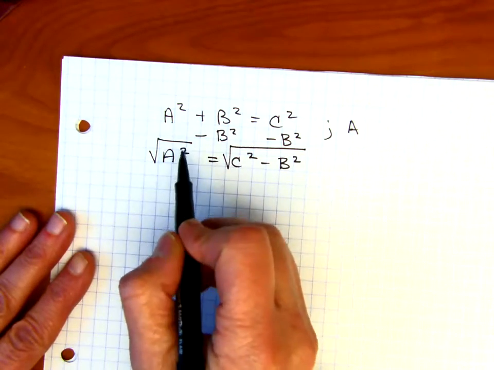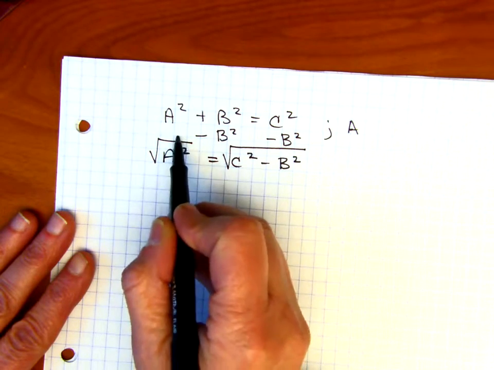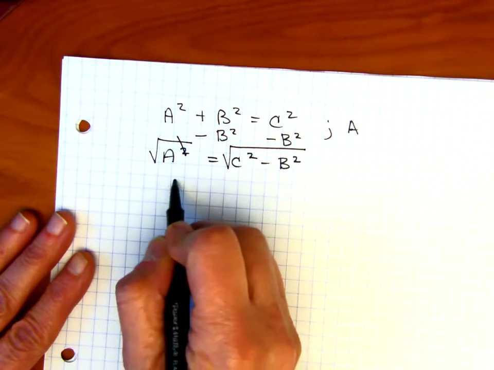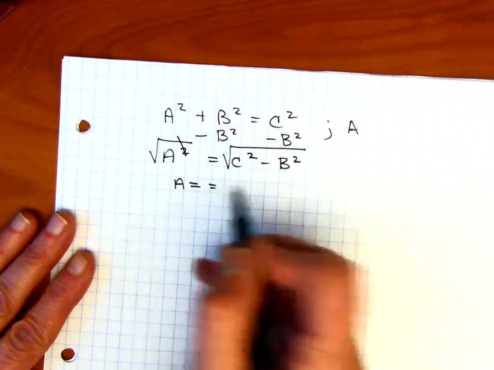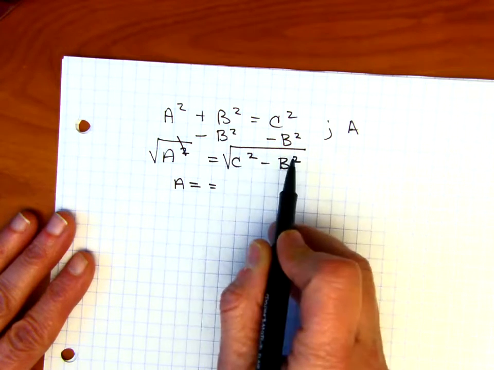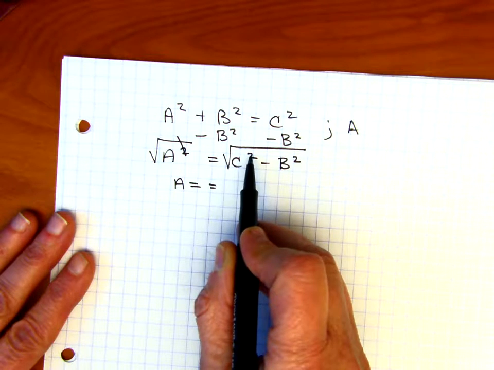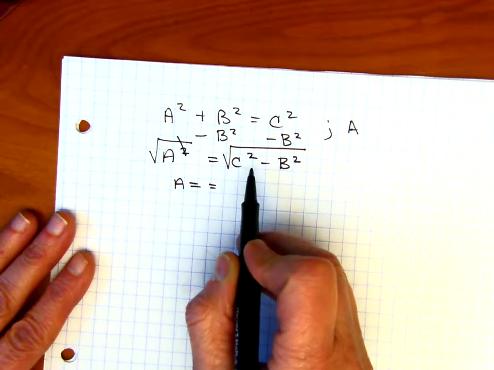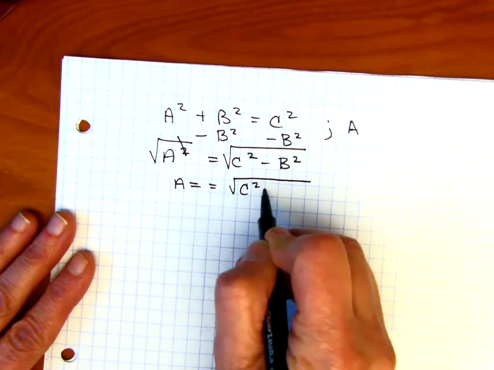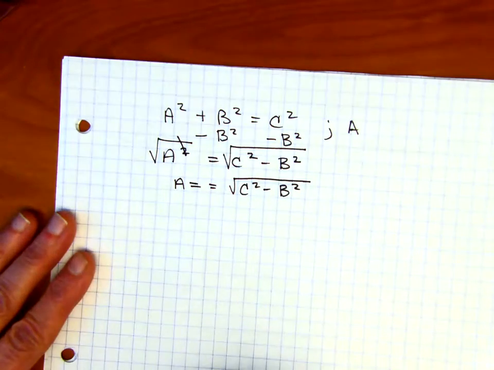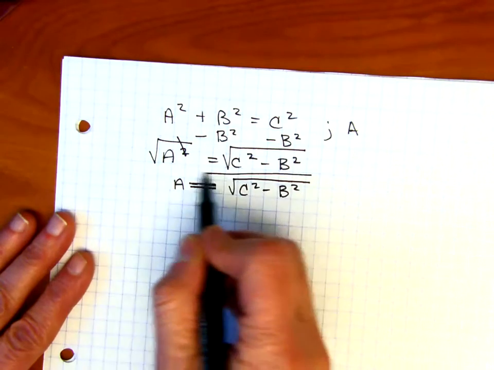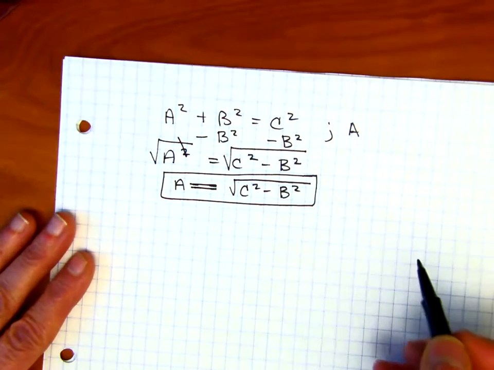Now what's going to happen is this: taking the square root of a squared number essentially eliminates that exponent, and so we can rewrite it as a. Now because we have an operation going on underneath the square root symbol, even though we've got exponents here, we can't cross those out. So we're just going to rewrite that square root c squared minus b squared. This would be our shortcut formula for a.